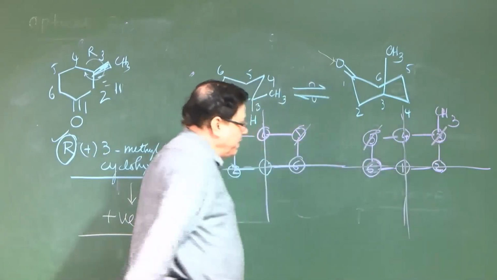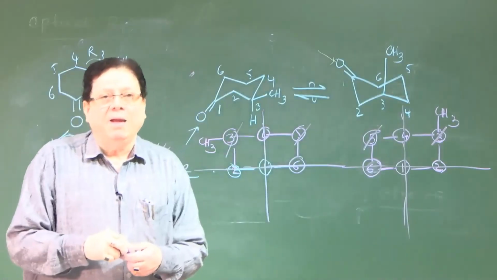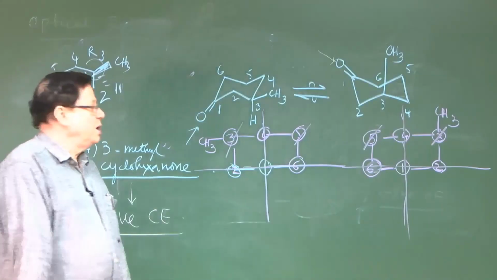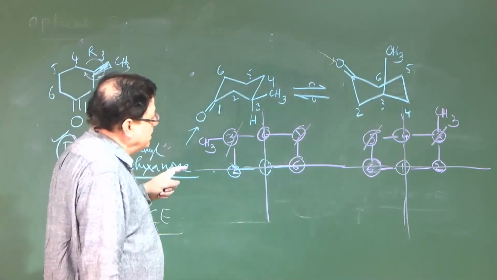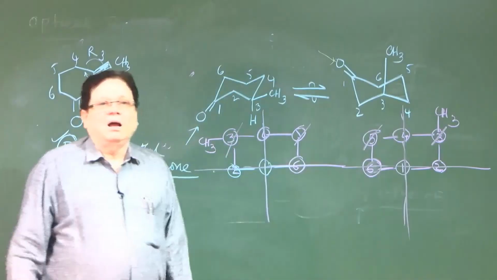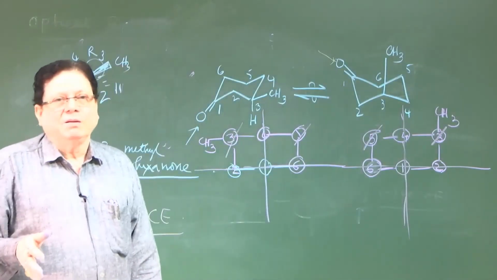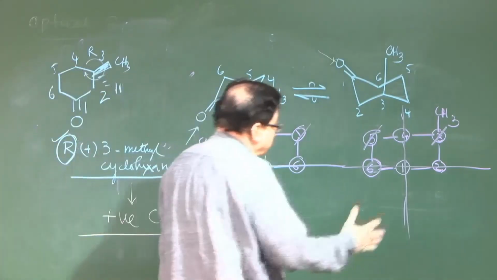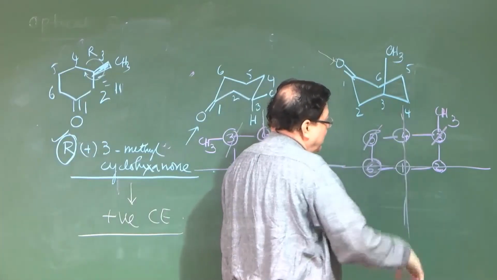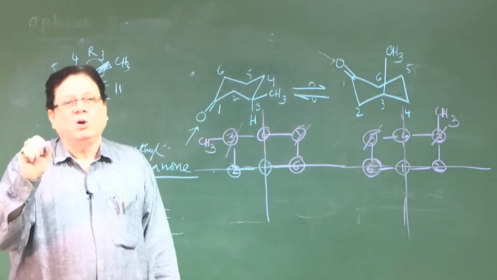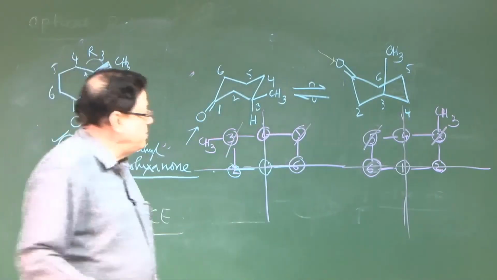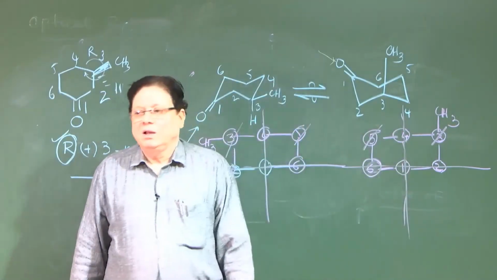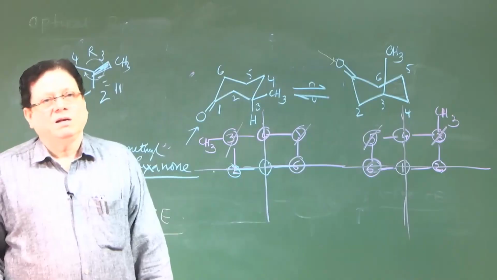Now, some points which I did not mention at that time while describing the octant rule, because there are several important points. First of all, the octant rule says that the atoms which are on the axis, or if you think of the plane, which are near these planes, have minimal contribution to the sign of the Cotton effect. That means numbers 6, 1 and 2 as well as 4 do not have much contribution to the sign of the Cotton effect.